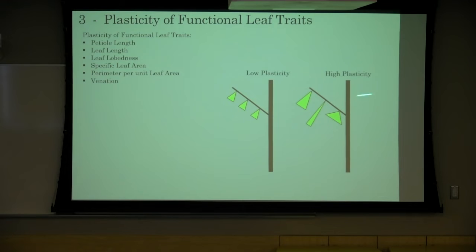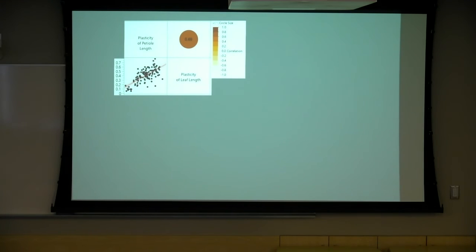Again, it's a measure of individual variation. So a tree that has very uniform leaves would be less plastic, whereas a tree with lots of different types of leaves will be more plastic. And we measured that using this equation that compares the maximum values of traits to the minimum values of traits.